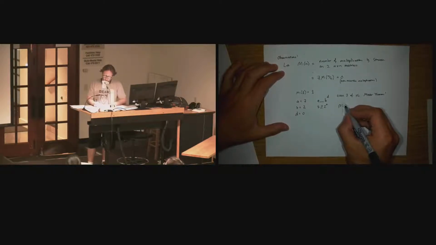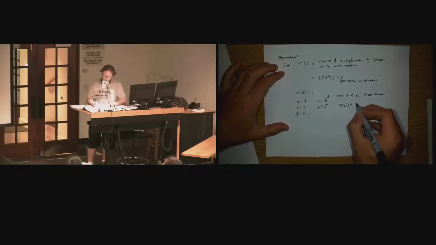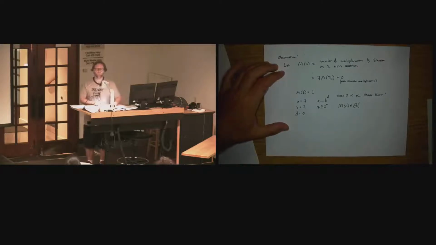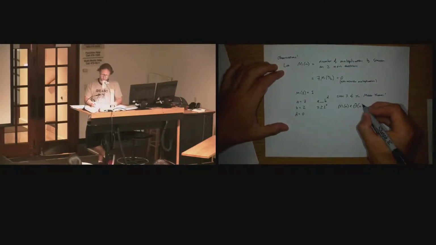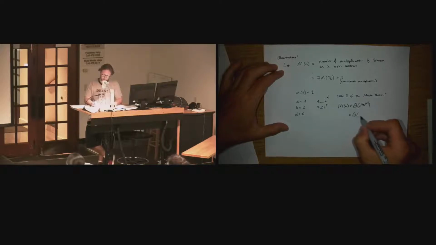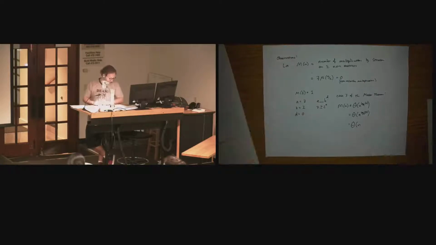We know that m sub n is going to be theta of n to the log base b of a, which is equal to n to the log base 2 of 7. You can pull out your calculators and help me out here if you want. Otherwise, I'm going to have to look it up. What's the number? 2.807.